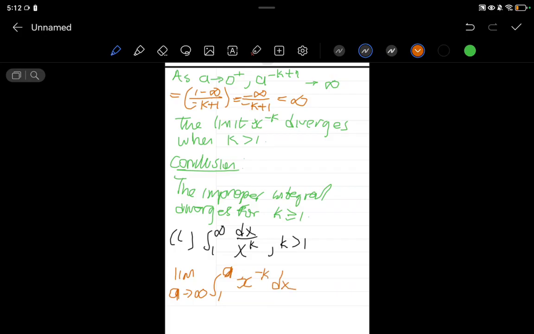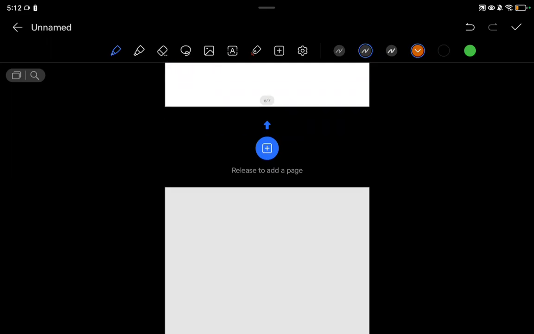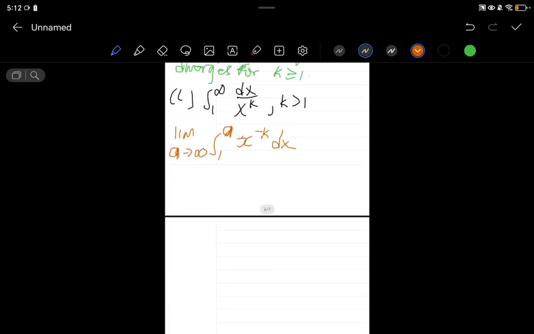And then we go down and we have equals to the limit as a approaches infinity of x to the minus k plus 1 over minus k plus 1, from 1 to a. Just like that, simple.